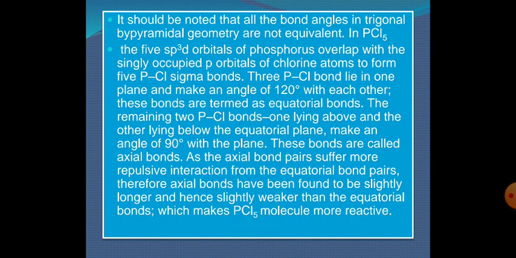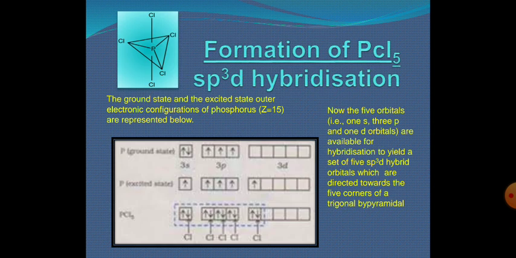It should be noted that all the bond angles in the trigonal bipyramidal geometry are not equivalent in PCl5. Students, you will notice the diagram given at the top of this slide, that is the formation of PCl5.